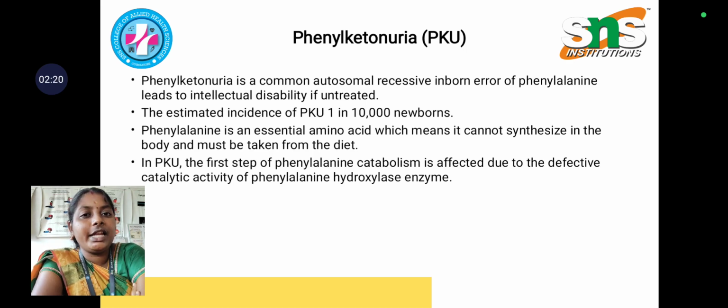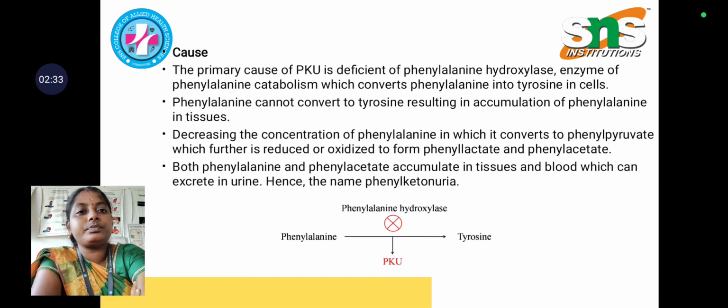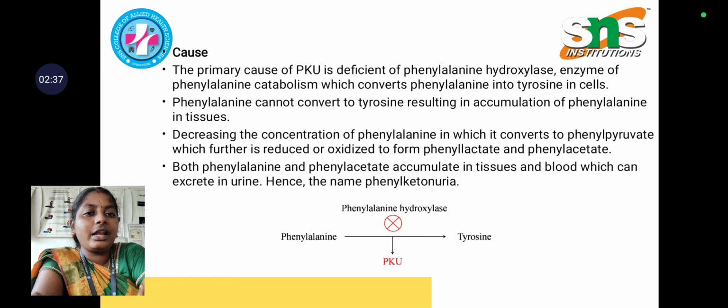In phenylketonuria, the first step of phenylalanine catabolism is affected due to the defective catalytic activity of one particular enzyme called phenylalanine hydroxylase. In our body, phenylalanine has to be converted into tyrosine for the proper functioning of amino acid metabolism.